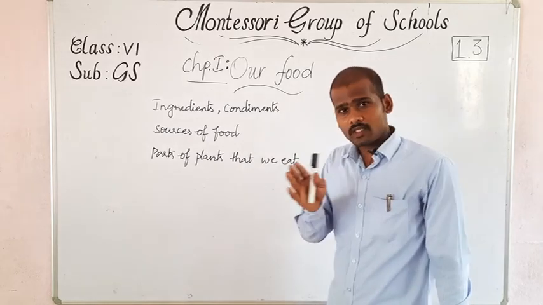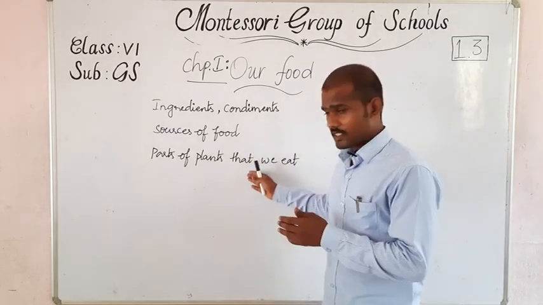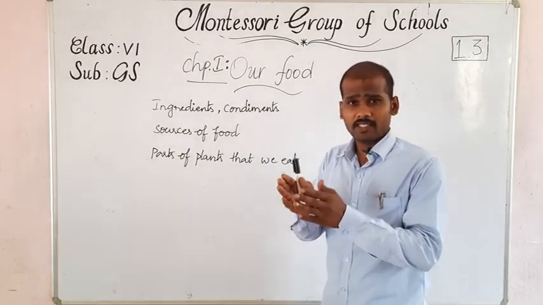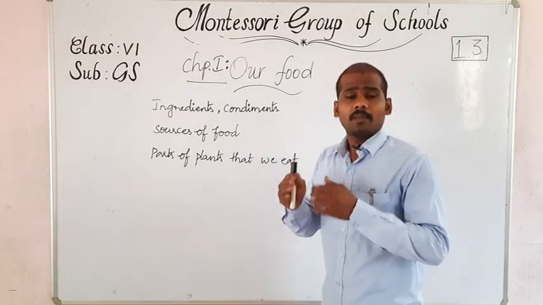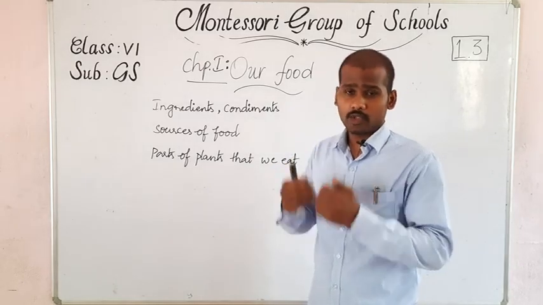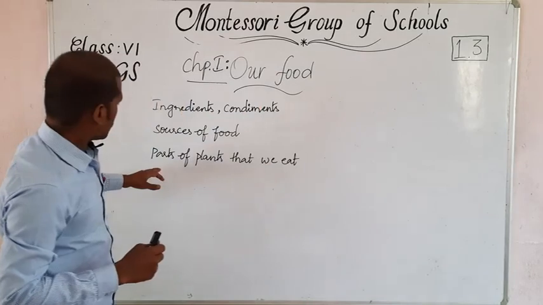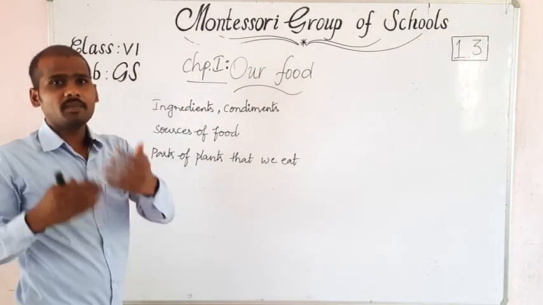Okay, so these are different parts. In the next topic we have discussed that plants have these different parts, right? But based on the plant we will choose that particular part to eat. So in the third topic we have discussed different parts of the plant which can be eatable.